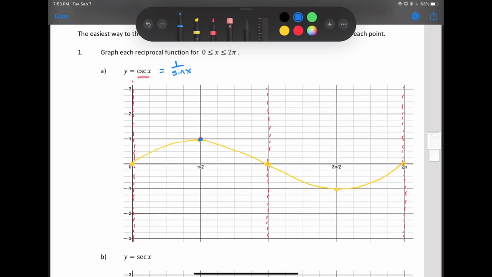So my point of 1 there is going to go upwards towards infinity there, and upwards towards infinity there. Similarly, down here, 1 over negative 1 stays negative 1, but as I'm approaching a value of 0, 1 over that approaches infinity.